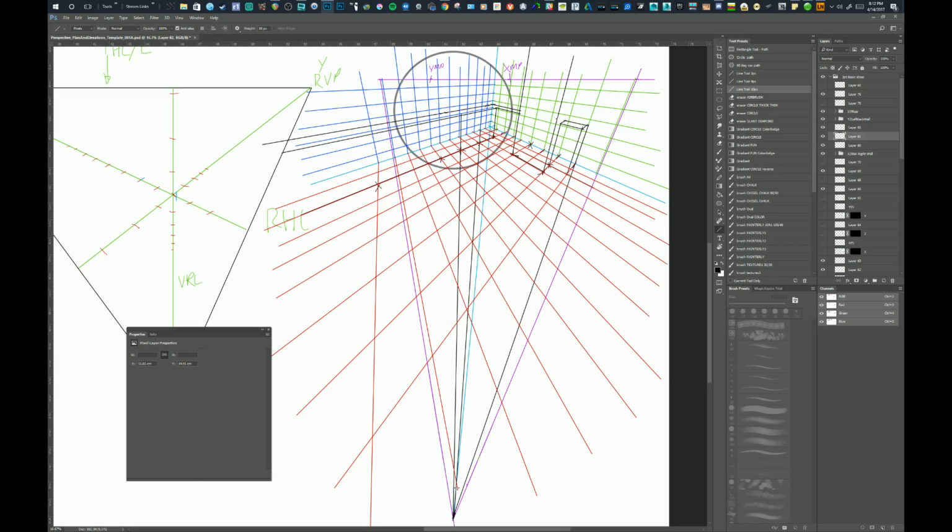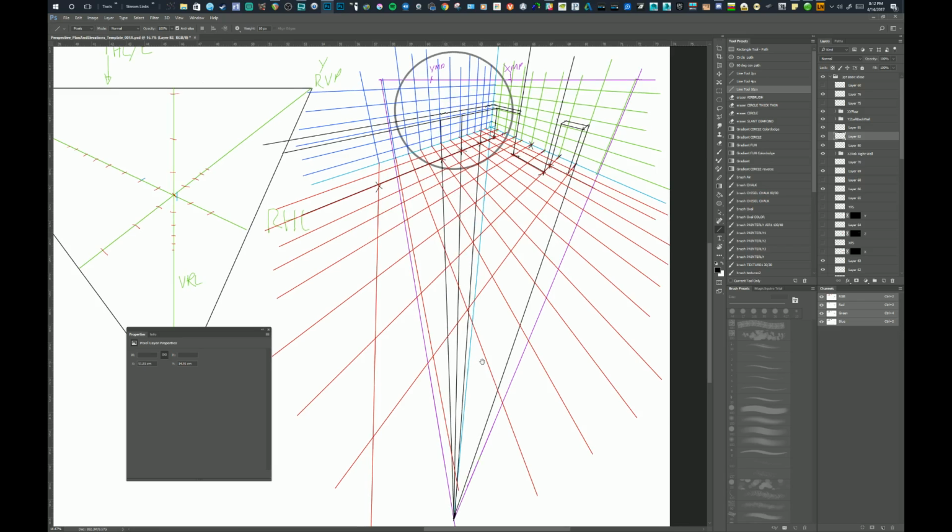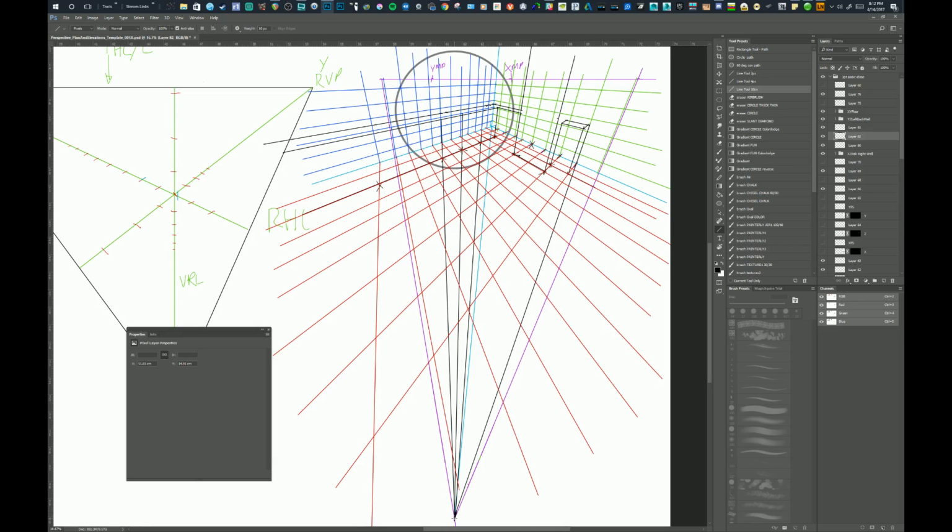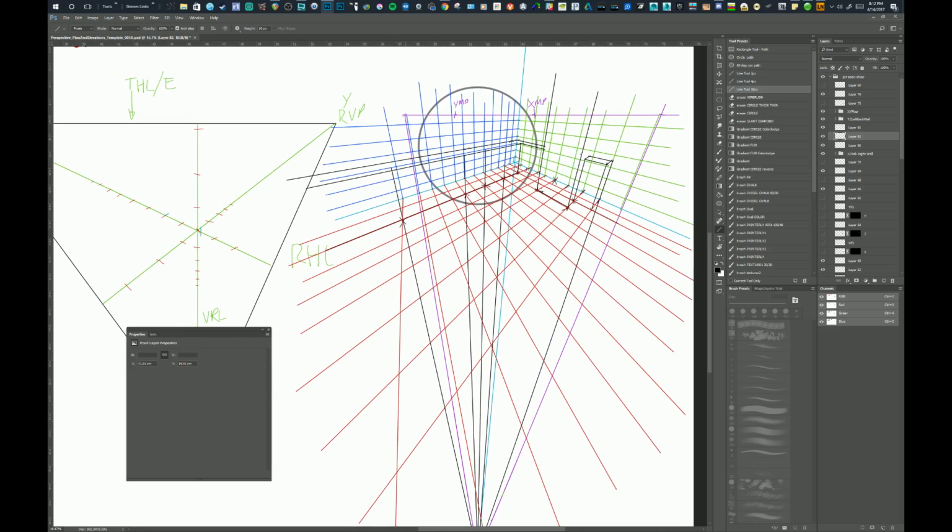There's a lot of coincidences happening right now. That happens. There's nothing you can do about it. You just got to work through it. That's why using different colored everything is really important. All right, and now we will go from there to the front using X. And all of this is accurately foreshortened.